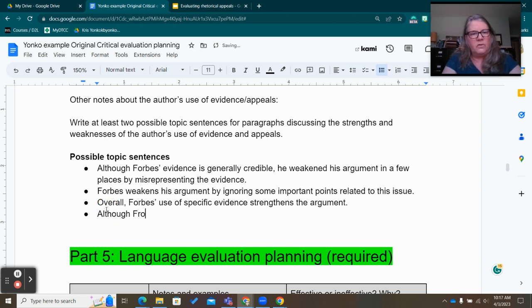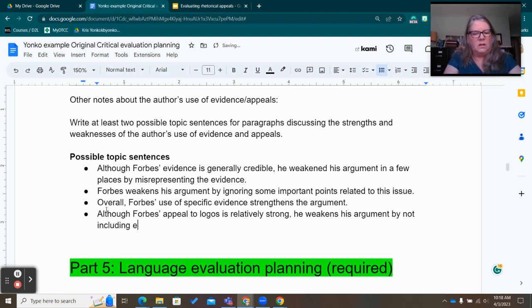Although Forbes's appeal to logos is relatively strong, he weakens his argument by not including enough appeals to pathos.